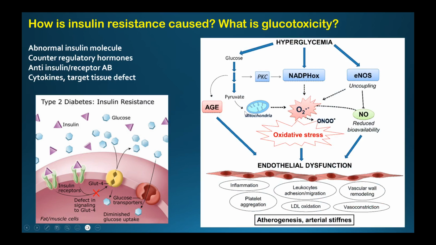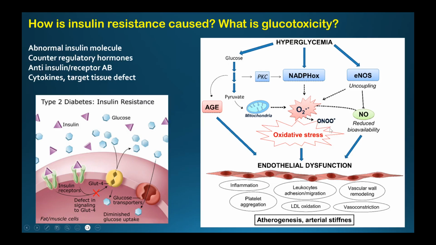But when there is more glucose than the mitochondria can handle, this glucose can get converted into advanced glycation end products, or it can result in oxidative stress, the superoxides, nitric oxide and free radicals, and that leads to endothelial dysfunction, causing inflammation in the vessels, and that is why you get the micro and macrovascular complications.